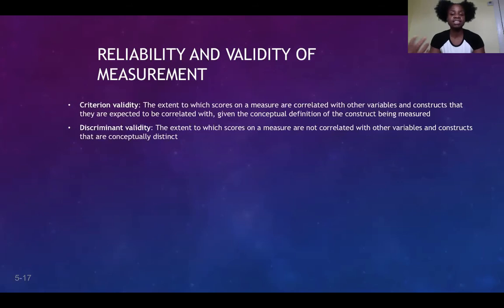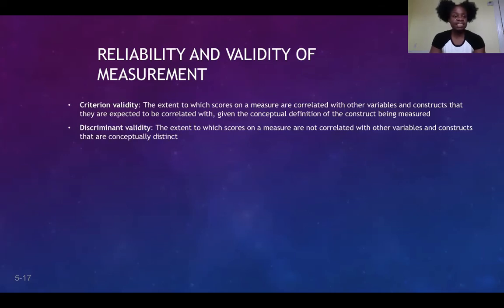An example of criterion validity would be John Cacioppo and Richard Petty's need for cognition scale, okay?